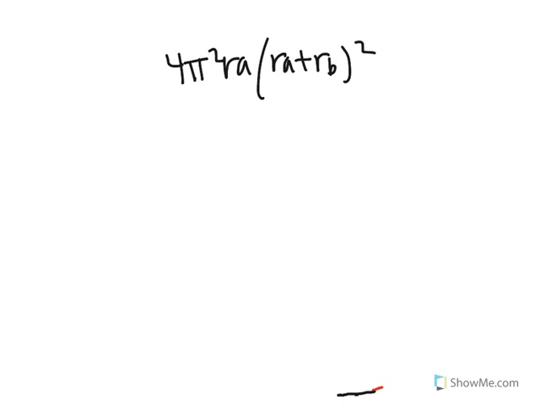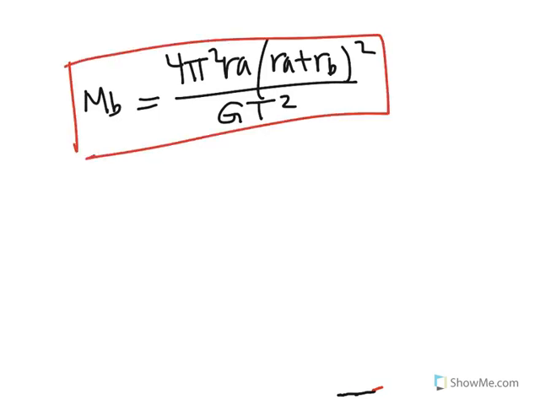So it should be 4 pi squared RA multiplied by (RA plus RB) squared divided by G times T squared is equal to MB. So that is our answer right there for part B.